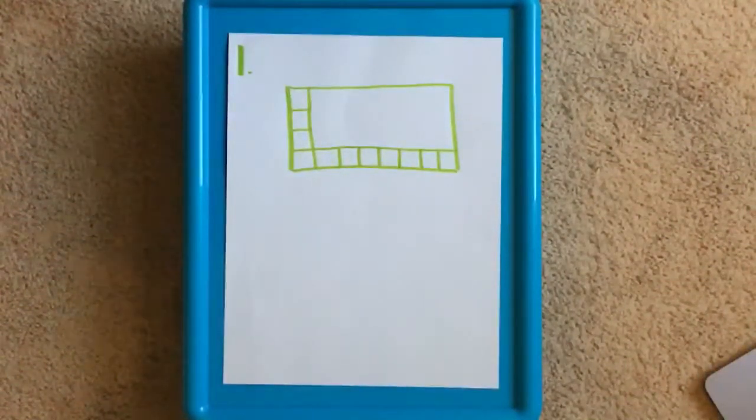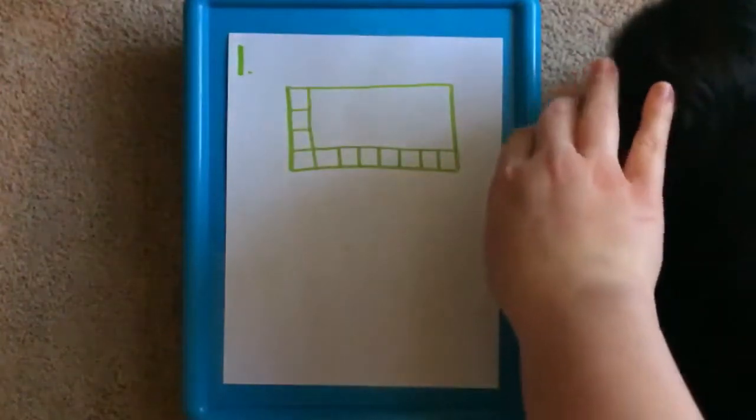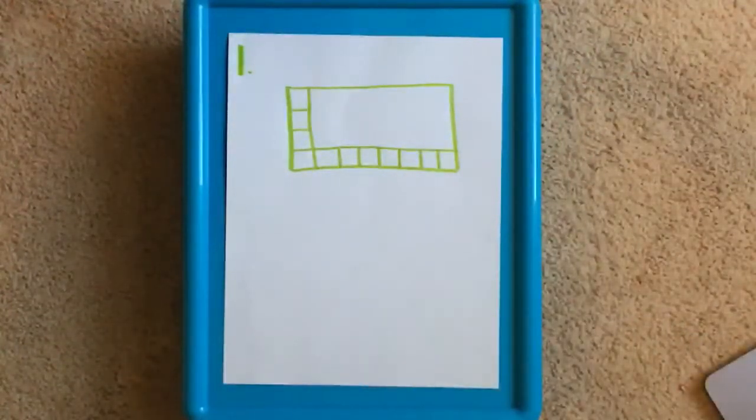Okay, so for number 1, the question is asking us, how many square feet of carpet does Miss Hunter need to buy? So what I want you to remember is that she's buying carpet for her living room. Whenever we buy carpet, we don't just put carpet around the room, we put it all the way through the room.